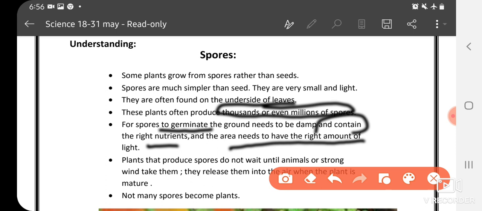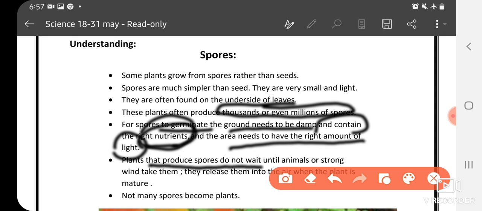So the ground should be damp, having the right amount of nutrients, and the light should reach there, the right amount of light.